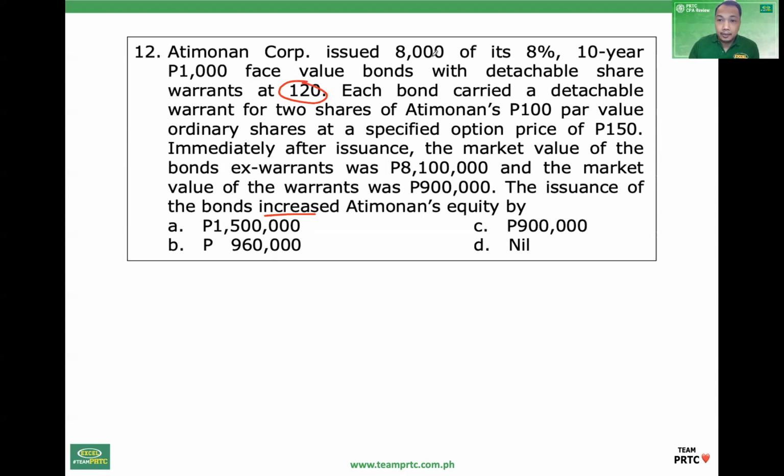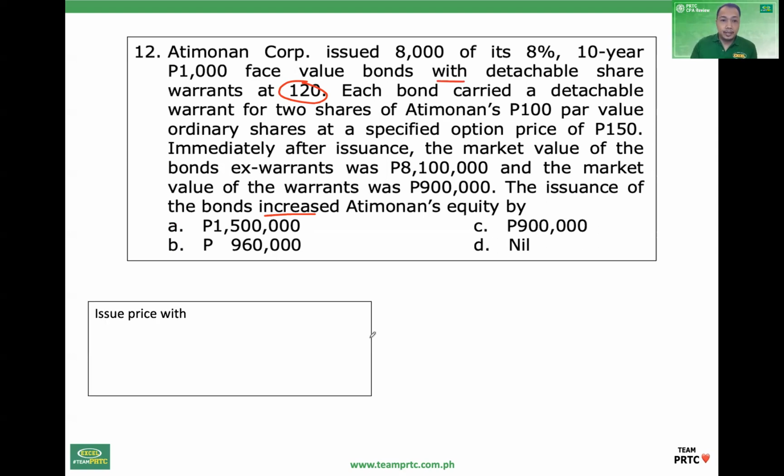So 8,000 times 1,000, that's the face value. Issued at 120 with the warrants. So issue price with the warrants, 8 million times 1.2, 9.6 million. Immediately after issuance, the market value of the bonds ex warrants, so without the warrants, 8.1 million. Yung market value ng warrants, 900,000.